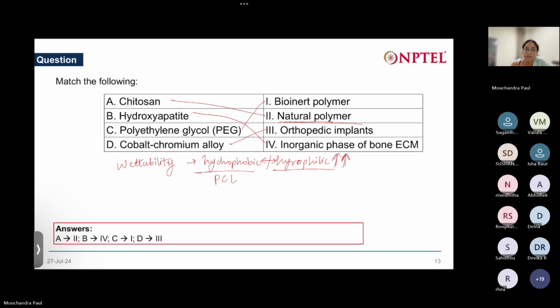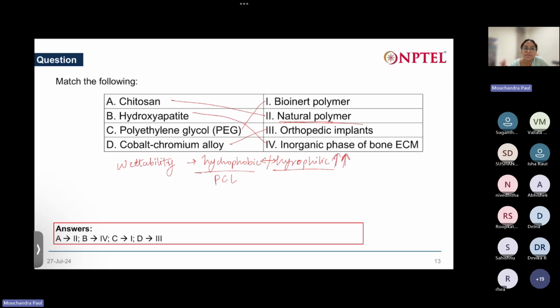Did you get why PEG is bioinert? Because it is highly hydrophilic. It is water loving. It has no cell binding sites present. It also cannot allow any adhesion through hydrophobic forces. It cannot even allow adhesion of some proteins onto its surface.